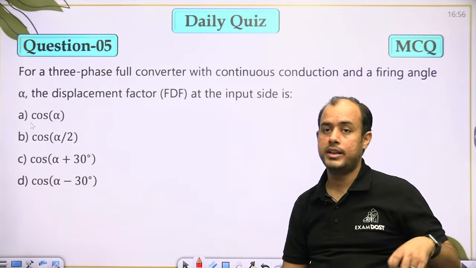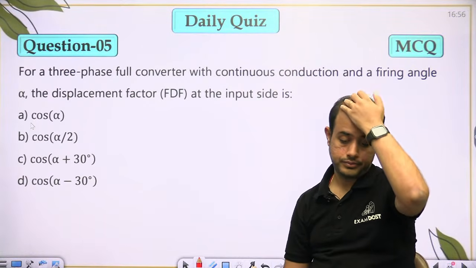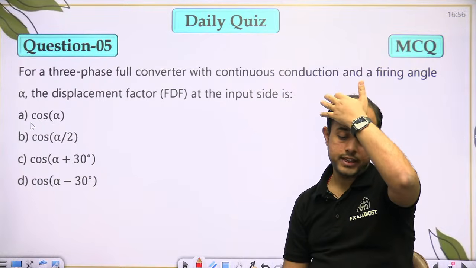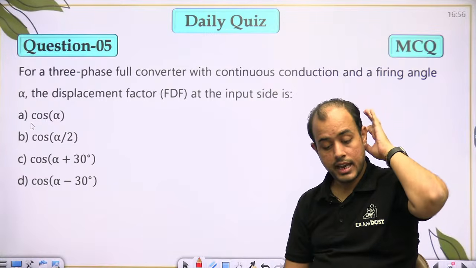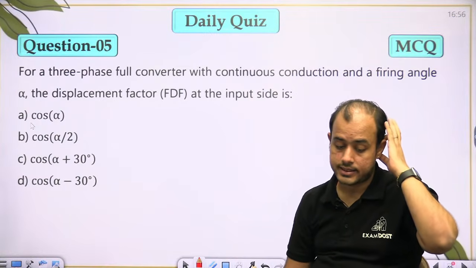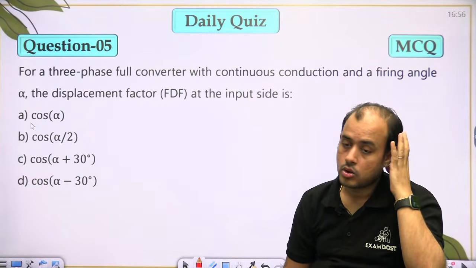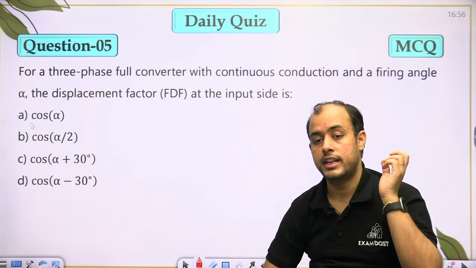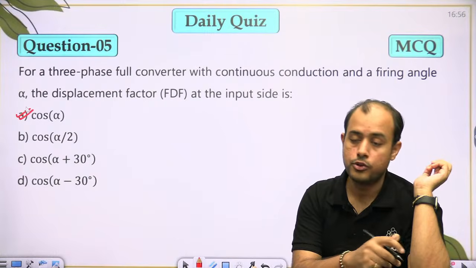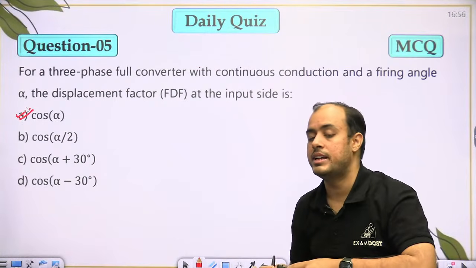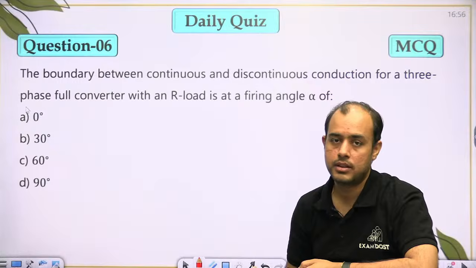If alpha is 0, it is 3 VML by pi. For a three-phase full converter with continuous conduction and firing angle alpha, FDF at the input side is cos alpha. Full converter cos alpha, semi converter alpha by 2.